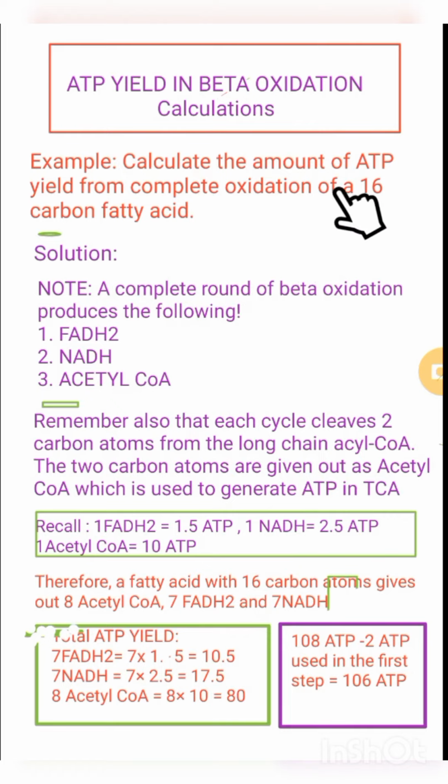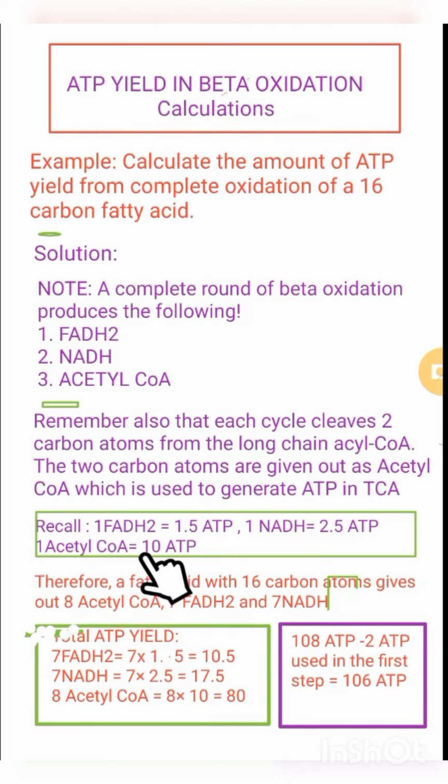So please remember that for acetyl-CoA molecules produced from a 16 carbon molecule, you simply divide 16 by 2. That gives you 8 acetyl-CoA molecules. But the number of rounds required to completely oxidize the 16 carbon fatty acid is 8 minus 1, which is 7.